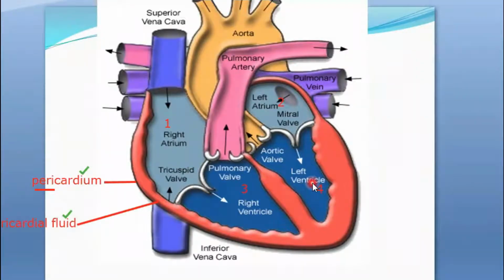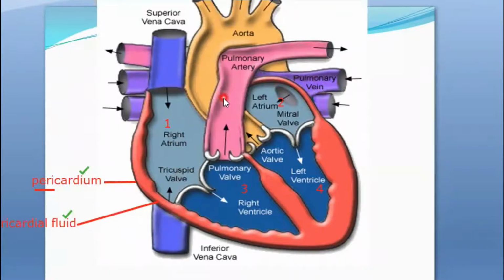Then what about the blood vessels? You can see this is one blood vessel, this is another blood vessel. Here we can see a blood vessel, here also, then here a blood vessel is present, and here also we can see. Okay, students.